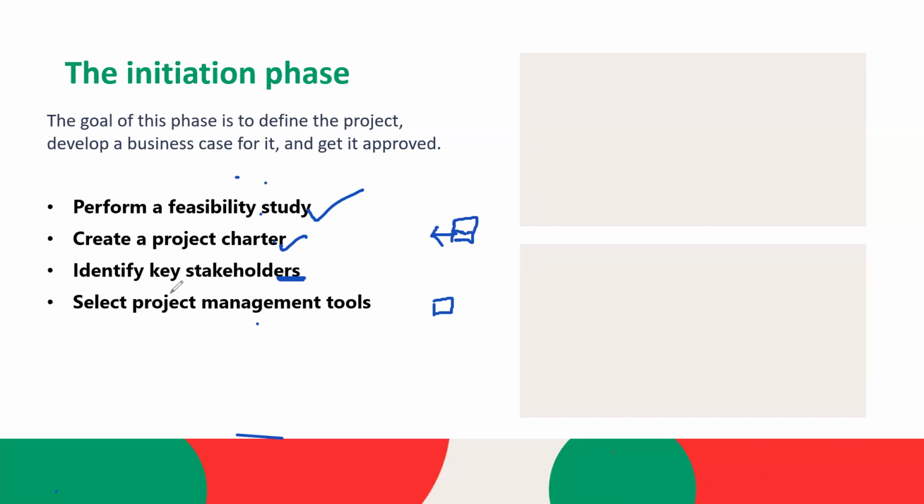All those kinds of things will be provided by stakeholders. Then which management tool we will use to manage our project, all those selections will happen in the planning phase. And what will be the goal of this phase? To define the project, develop a business case, and get it approved.